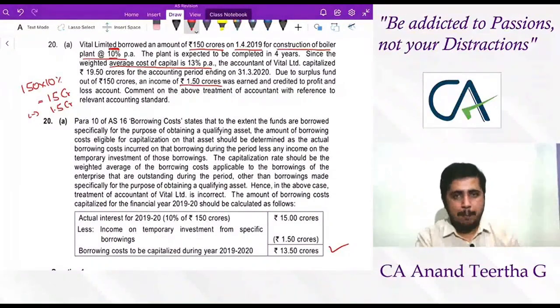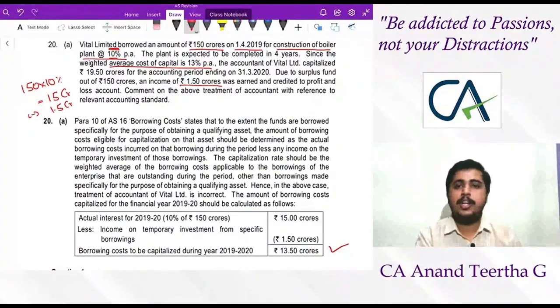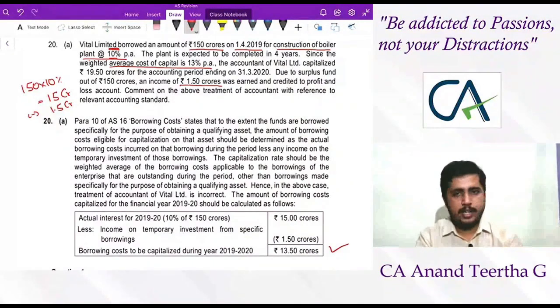Because weighted average cost of capital is inclusive of equity element, preference element, debenture element, everything. We don't want that. We want the capitalization rate of borrowings. So therefore, weighted average cost of capital is never allowed in any situation, let it be general borrowing, let it be specific borrowing. It is not applicable. Therefore, do not consider it. That will be the way the answer is supposed to come.